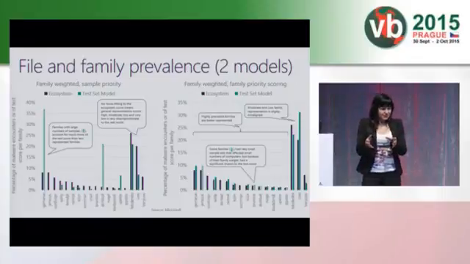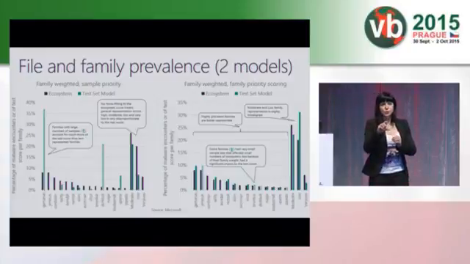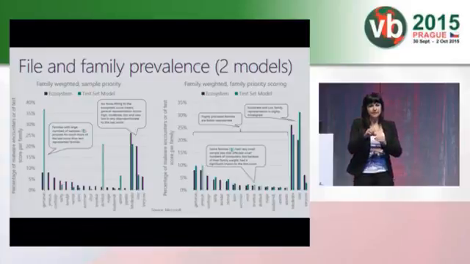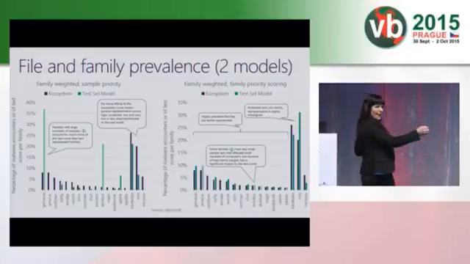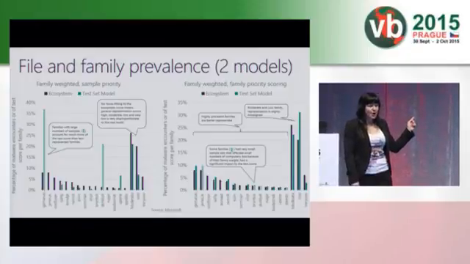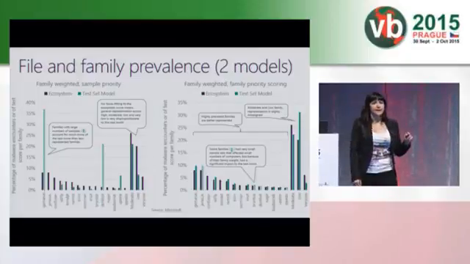So the next model that we tried was force-fitting the score of the samples in a particular family to the prevalence of the family itself. That's this next one on your right. And that one looks fantastic on paper. You see that the teal lines match up very well with the purple lines.